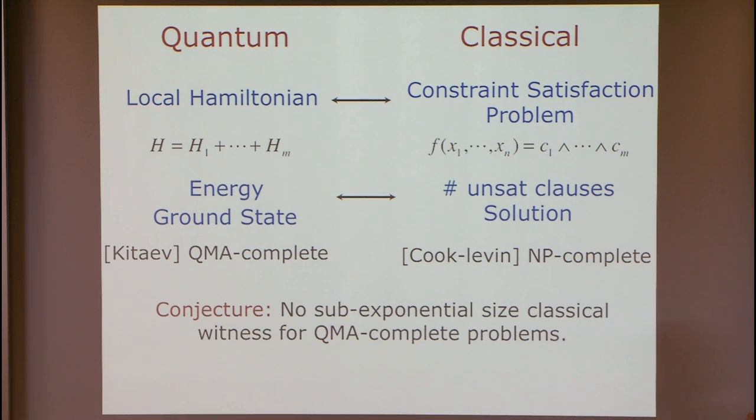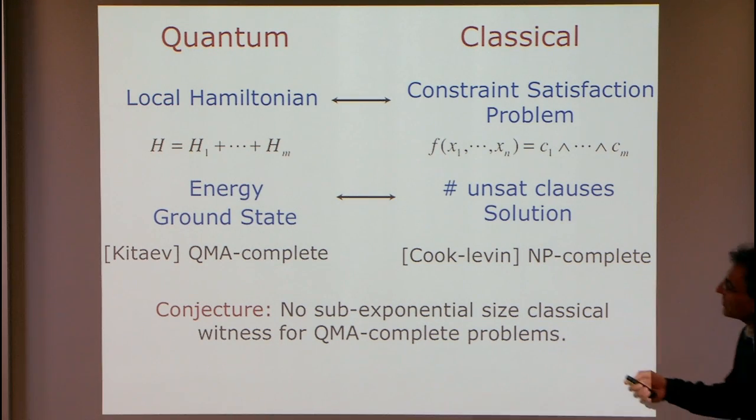So it's complete for the corresponding complexity class quantum Merlin-Arthur. And for our purposes, what this means is that there's no sub-exponential size classical witness for QMA complete problems.